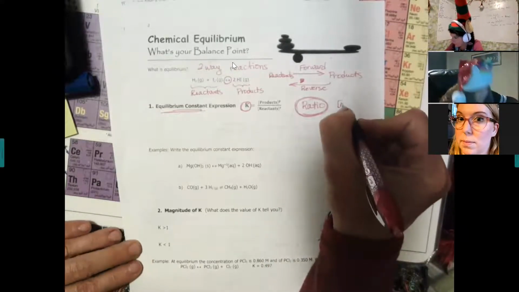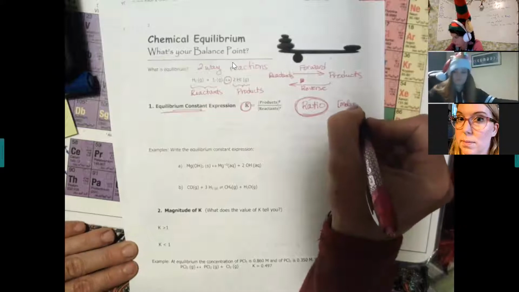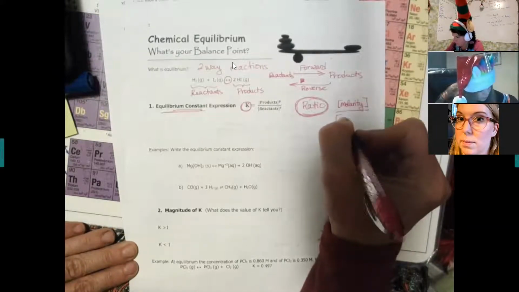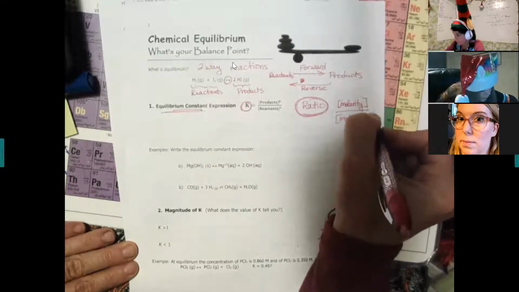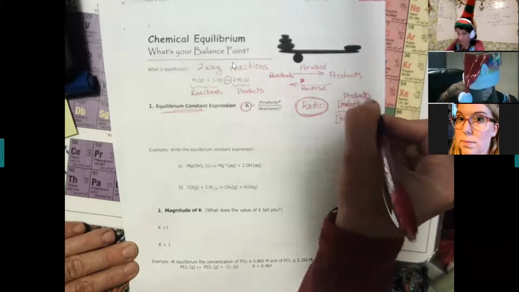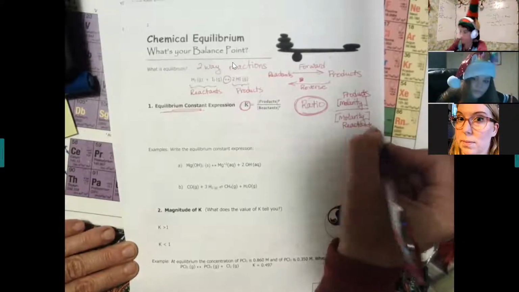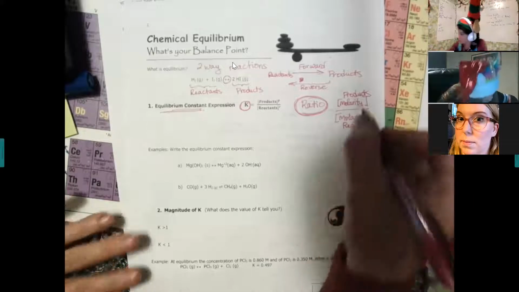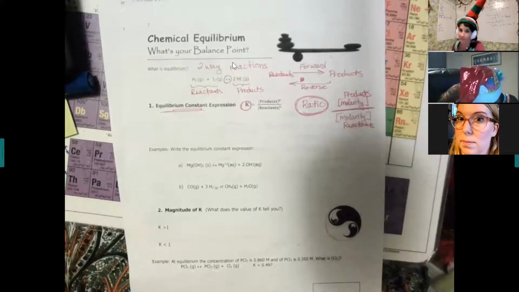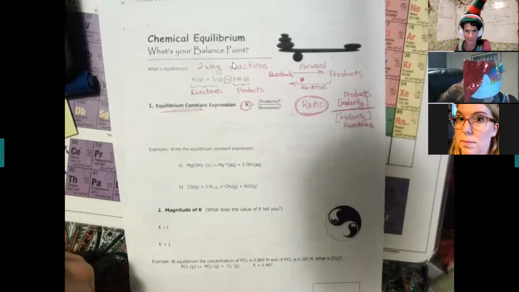It is molarity over molarity. And again, the products are always in the numerator. We're going to do a couple of these so you see the idea, but that's all it means. It's a ratio that tells you a comparison of your products to your reactants. And it's molarity, so that's what those brackets mean.